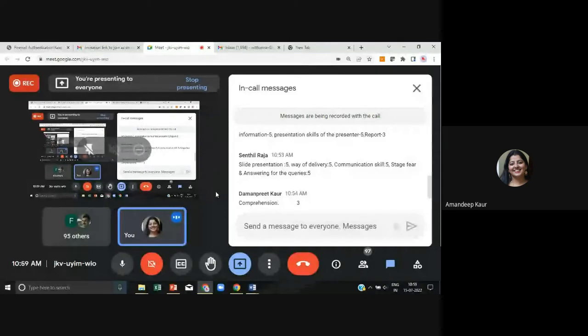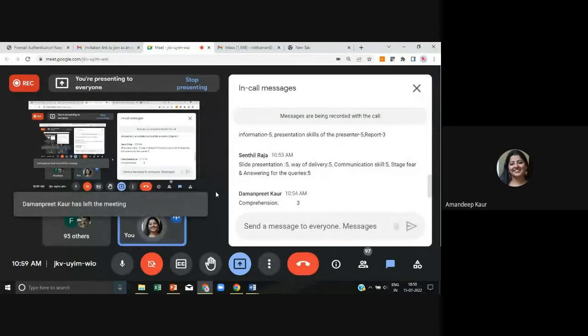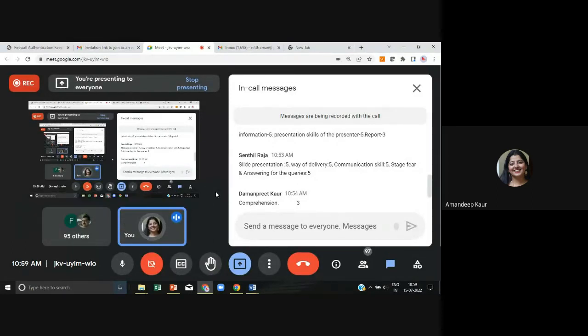So there is another submission by Mr. Sandhil Raja sir: slide presentation, way of delivery, communication skill, stage fear, and answering the queries. So now see, when it comes to dividing the activity into number of parameters, we need to consider that there must not be overlapping of different dimensions. जब मैं कहती हूँ communication skill, stage fear, way of delivery, it is nothing but the part of communication skill.